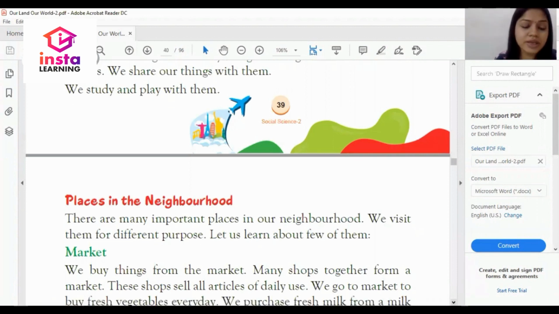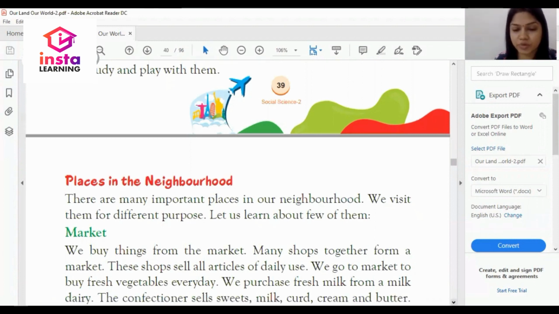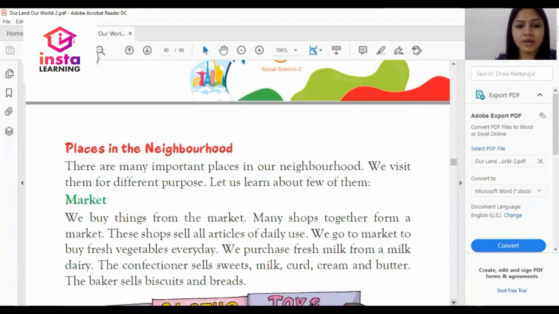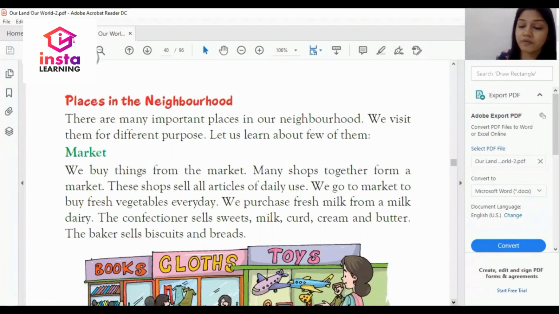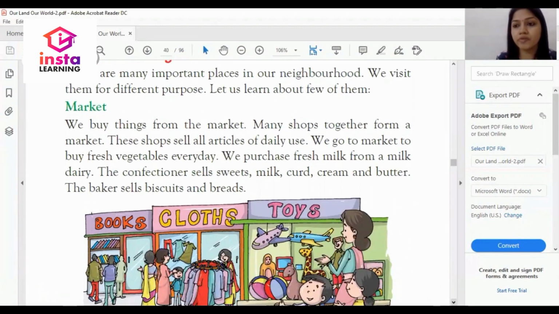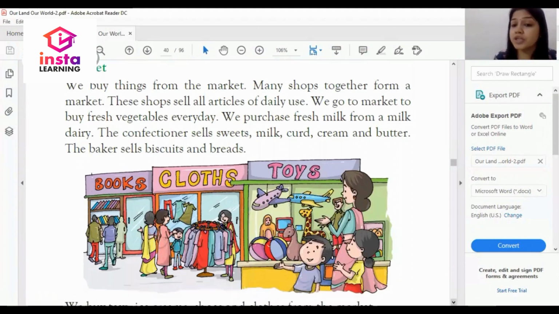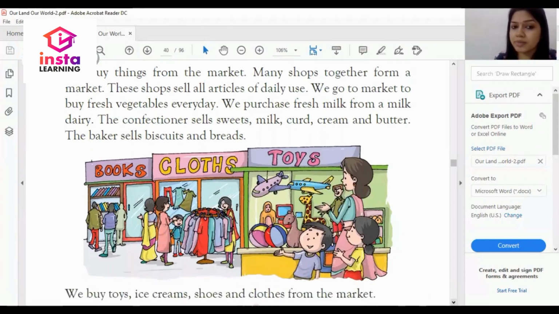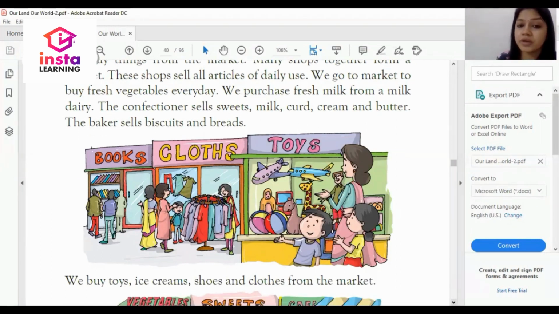The second learning objective, which already I have told you, places in the neighborhood. The first one is market. What is market? We buy things from the market. Many shops together form a market. We purchase milk, curd from the dairy.